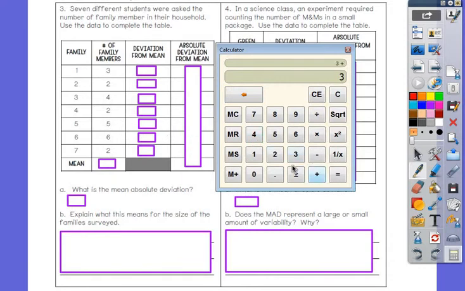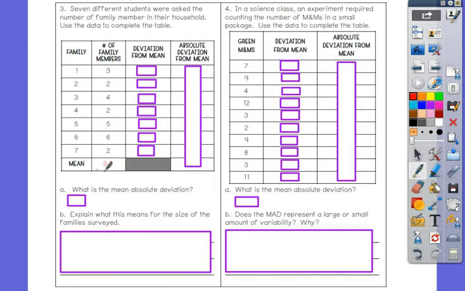So 3 plus 2 plus 4 plus 2 plus 5 plus 6 plus 2 equals 24, divided by 7, and I get 3.428. So I find my mean is about 3.4. That's my average. So the average number of members in a family is about 3.4.